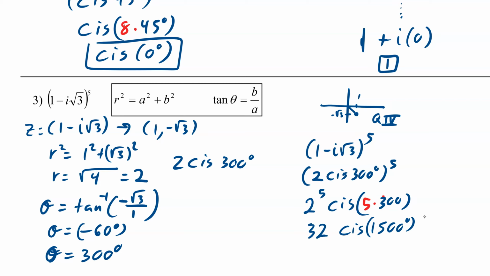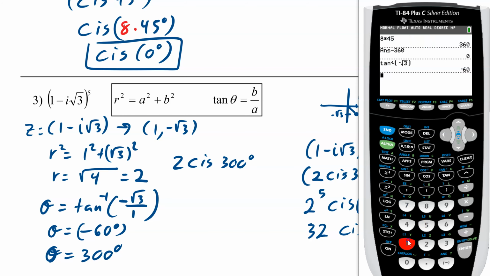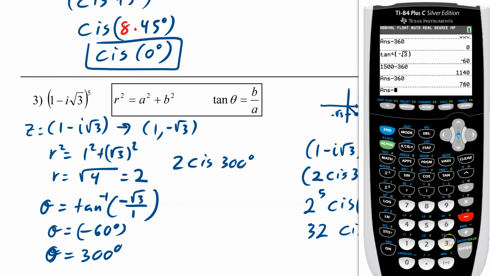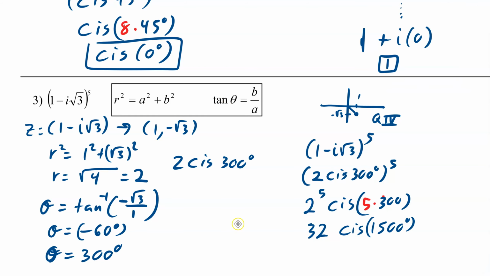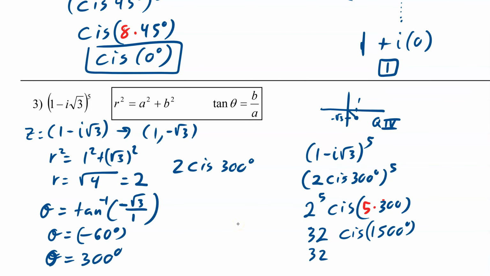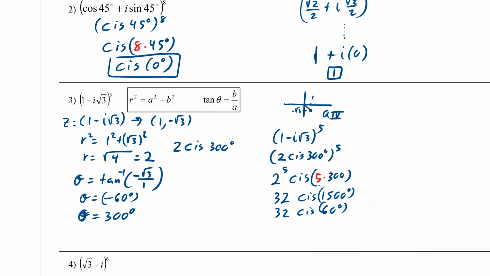And now we just need to convert it back. So 1500, and remember, just keep subtracting 360, hit enter, minus 360, hit enter. Could have done this a lot quicker, huh, if we just multiplied it by 360 times 4. But we get 60 degrees, so it's 32 cis 60 degrees.